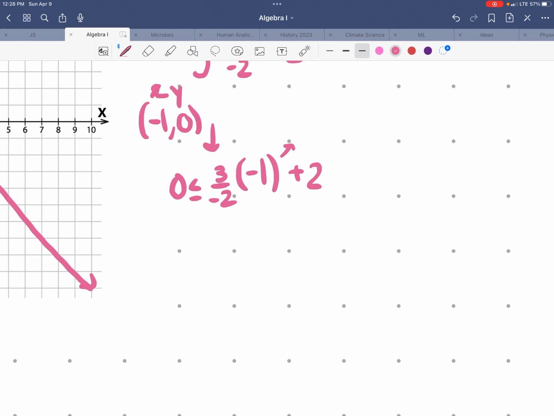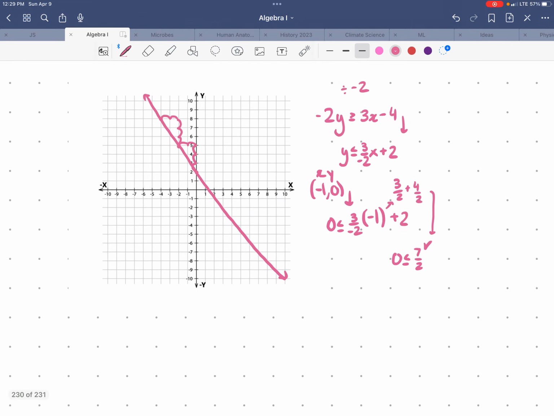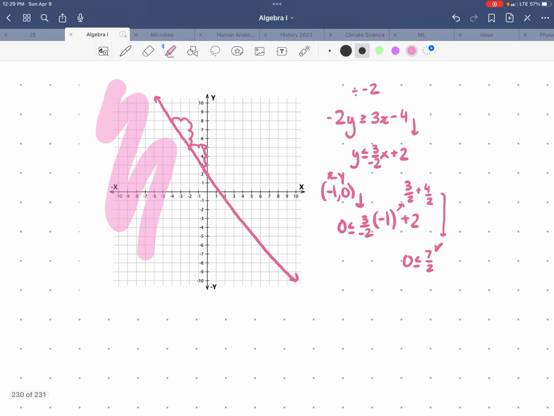We get positive 3 over 2. So 3 over 2 plus 2, which is 7 over 2. We get 0 is less than or equal to 7 over 2, which is true. Therefore, we will shade on this side of the line.